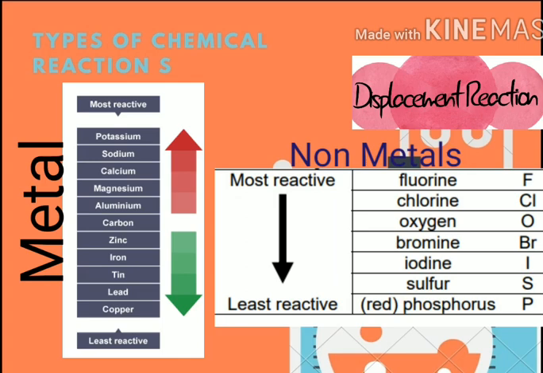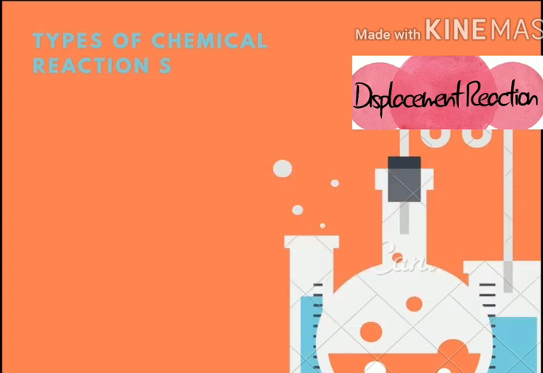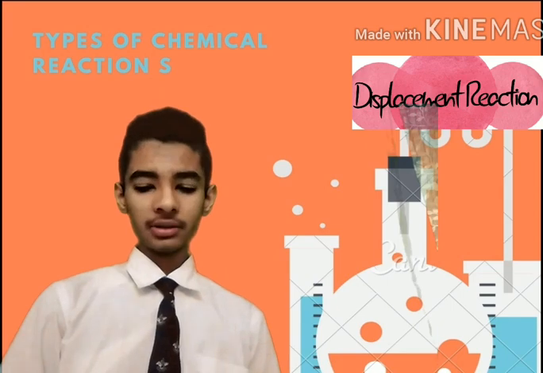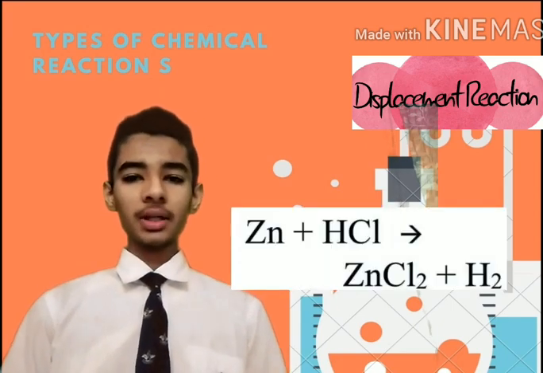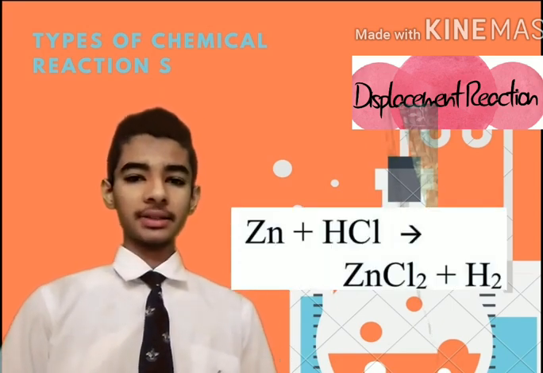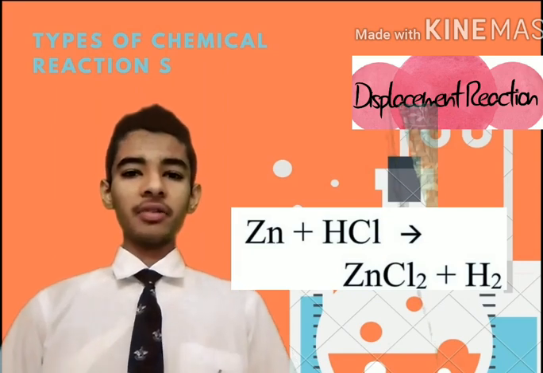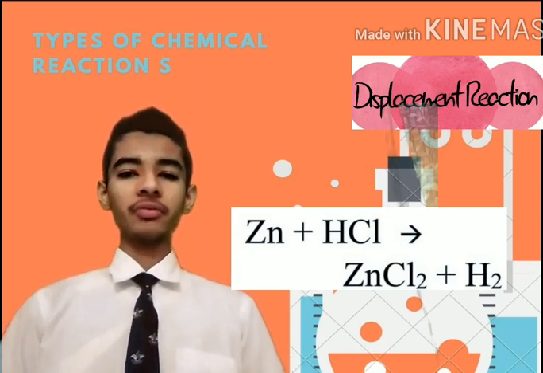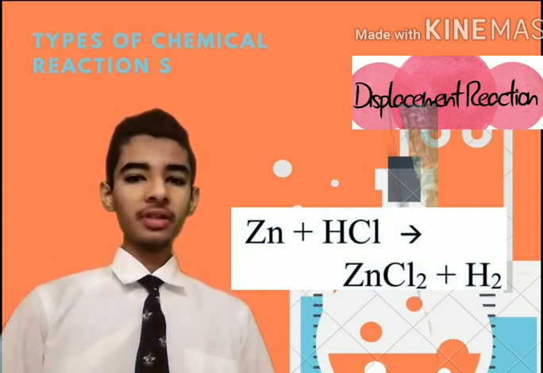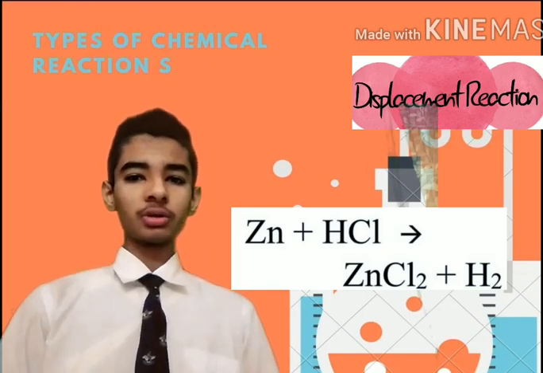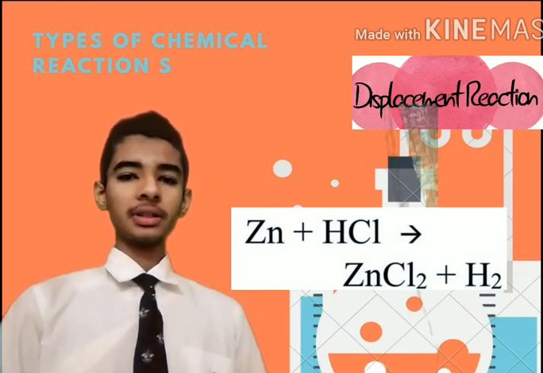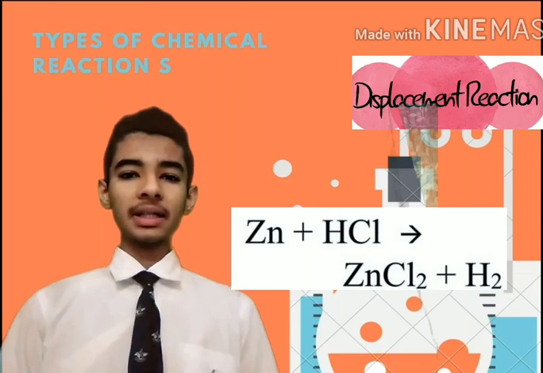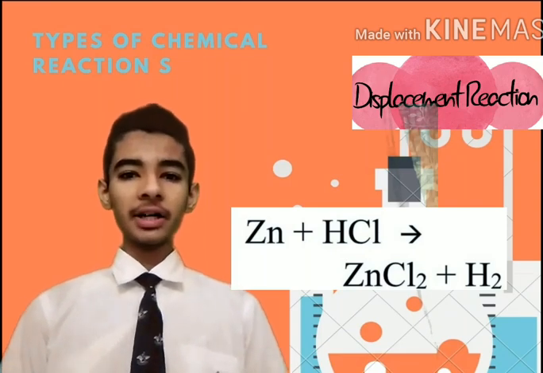Now let us discuss some examples of displacement reaction. First, an example of metals. Zinc plus hydrochloric acid, that is Zn plus HCl. We know that zinc is above hydrogen in the reactivity series of metals. So zinc will replace hydrogen from its compound and form zinc chloride plus hydrogen.